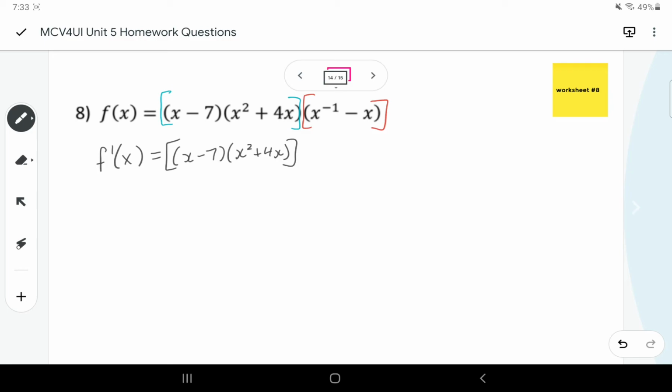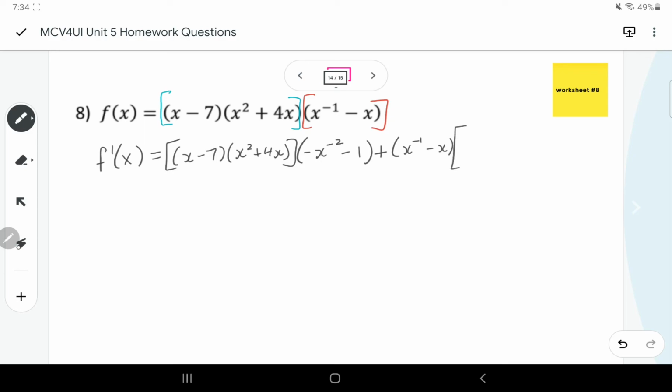But this is good practice of working your head around multiple derivative rules applied at a time. So that's the first factor, like the blue brackets, times the derivative of the second. So that's negative x to the negative 2 minus 1. And then plus the second, so x to the negative 1 minus x times the derivative of the first.